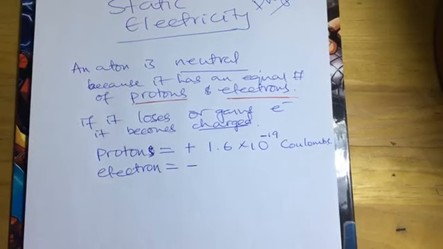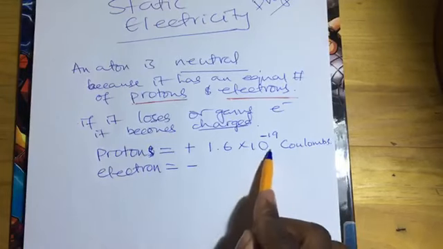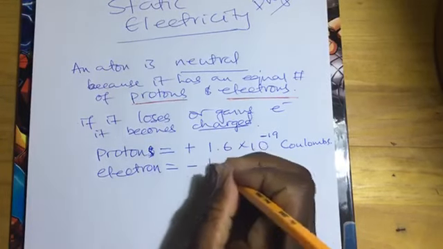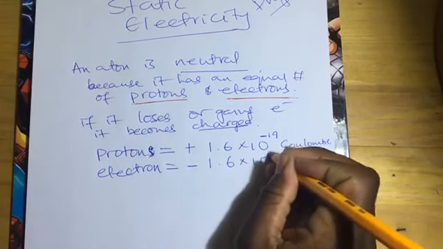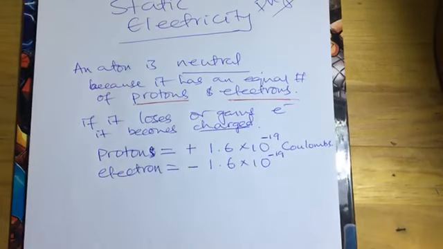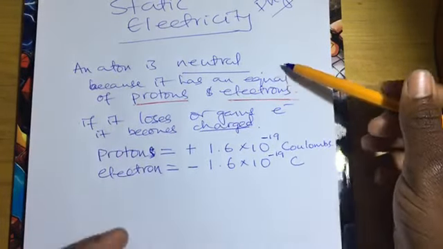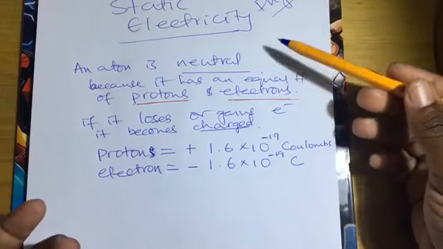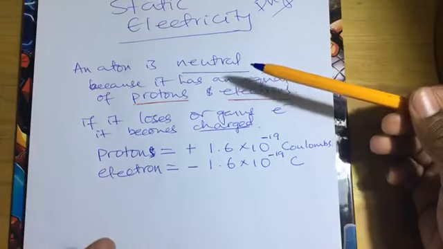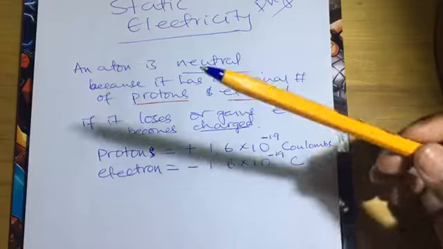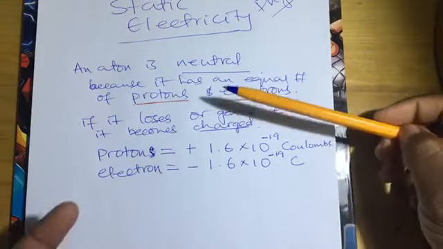All right, so electrons are going to have the same magnitude. The only difference would be the sign. So this would be 1.6 times 10 to the power negative 19 coulombs as well. So an atom is neutral. If it gains electrons, obviously it is going to be negatively charged.